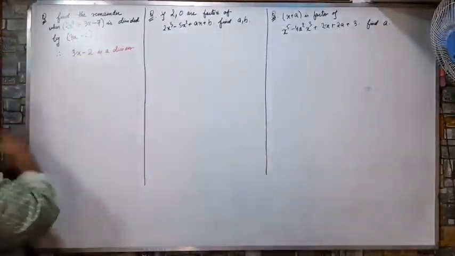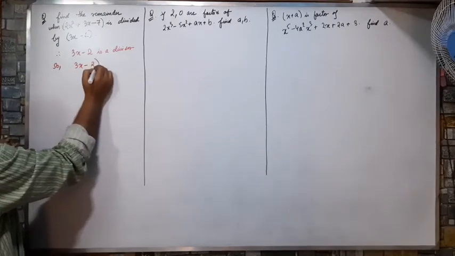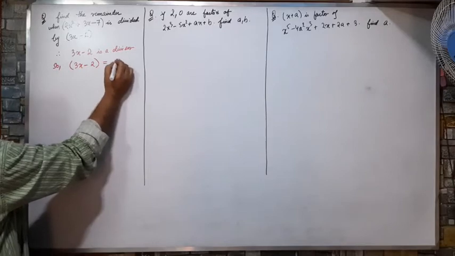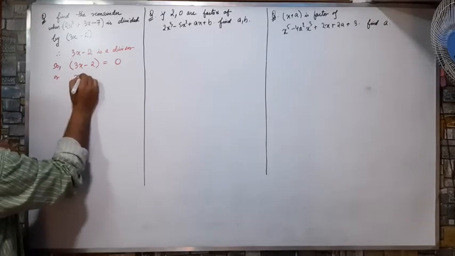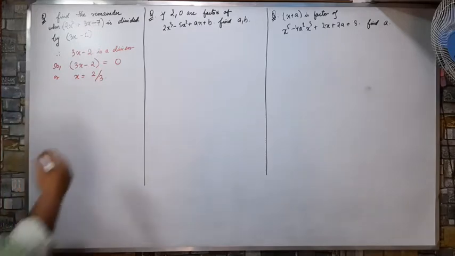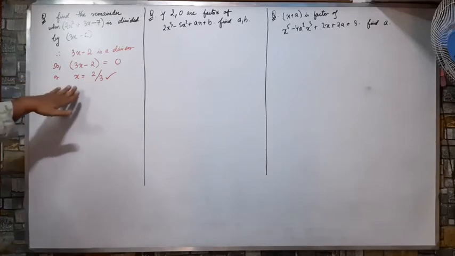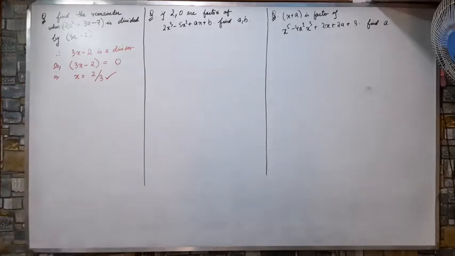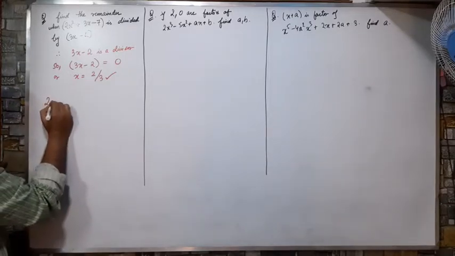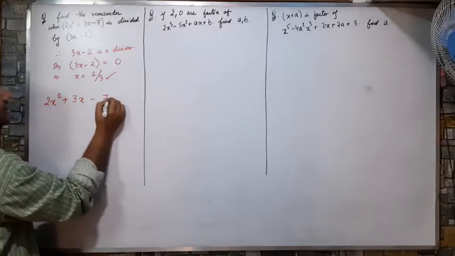So 3x minus 2 is a divisor. So 3x minus 2 equals 0, or x equals 2 by 3. So I have got the value of x. Now what is my next task? I will put this value of x in place of x in the given polynomial. My polynomial is 2x square plus 3x minus 7.